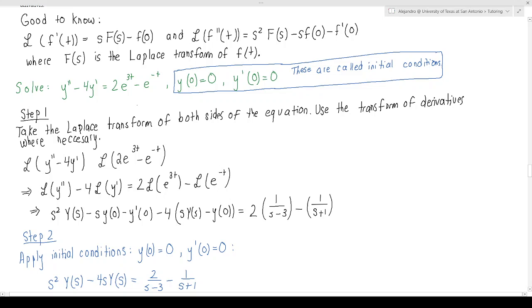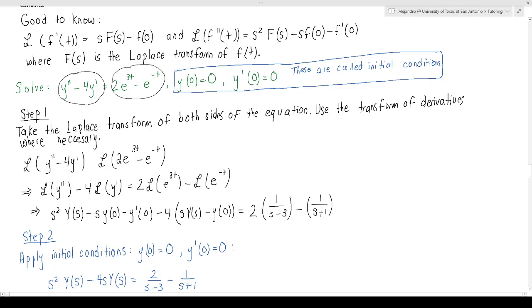So step one is to take the Laplace transform of both sides of the equation. We're going to take the Laplace transform of this portion here and of this portion here.